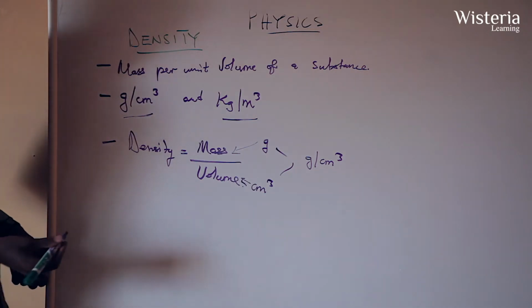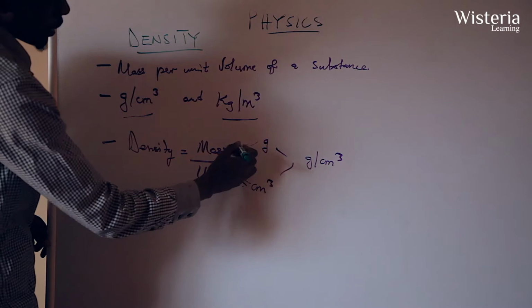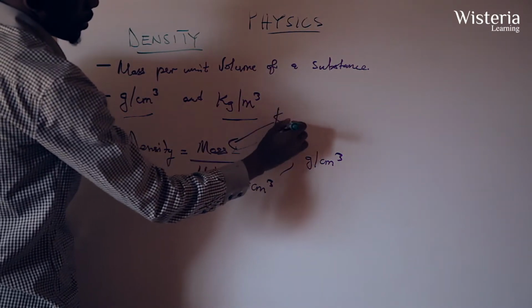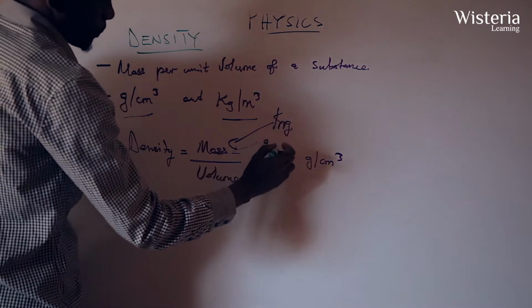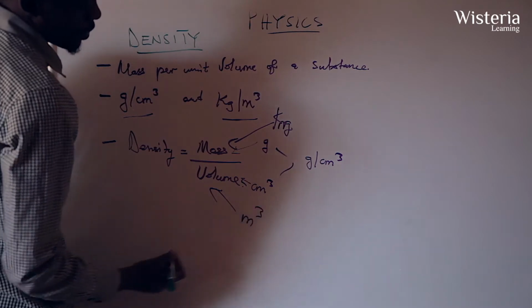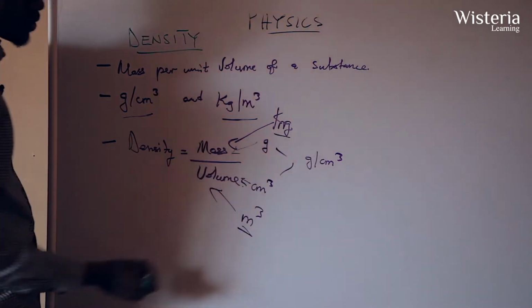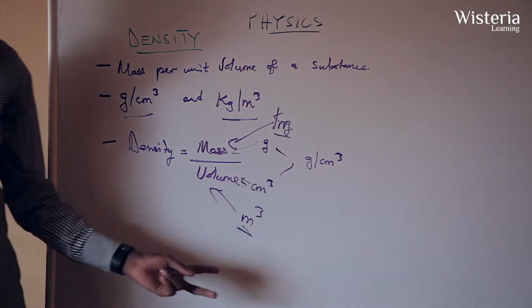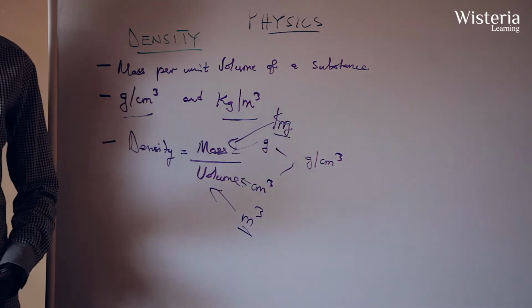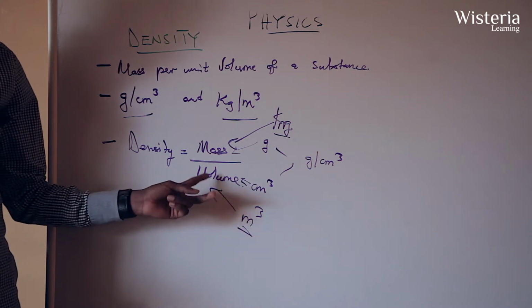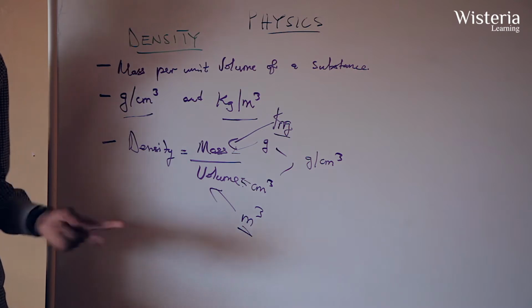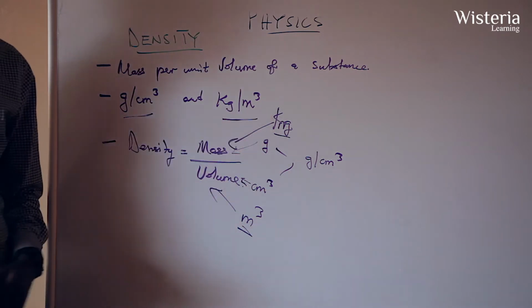But there are other situations where the mass of the substance is in kgs, and the volume of the substance is in meter cubed. So kgs, meter cubed, like that. So if the mass of the substance is in kgs and the volume of the same substance is in meter cubed, then the units for density will be kgs per meter cubed.